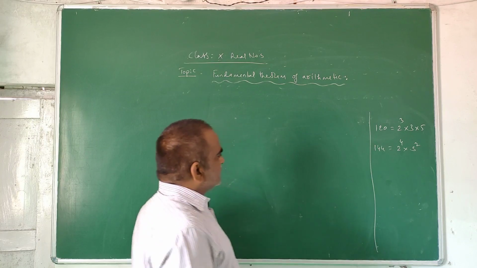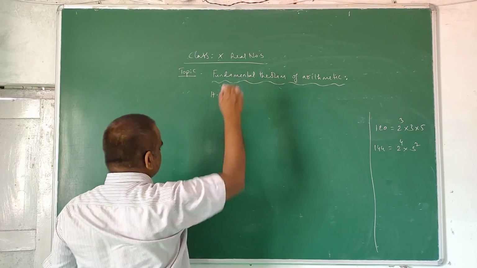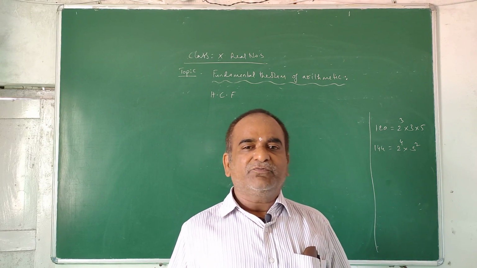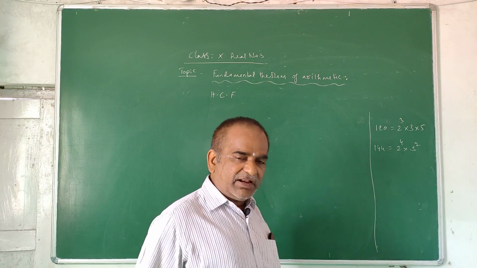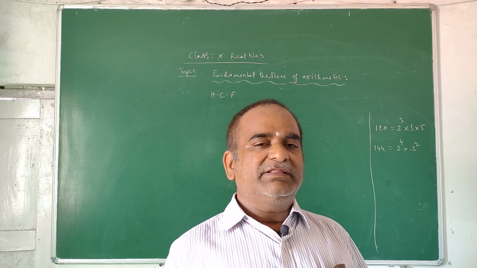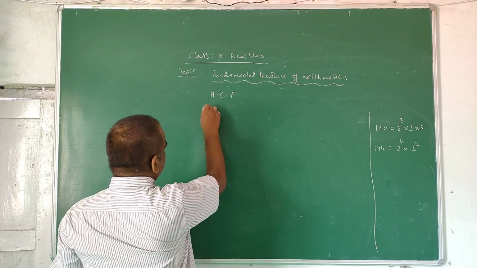Now HCF. So previously we discussed how to find LCM. Now HCF. For HCF also, you please prepare one table, but with different headings. What is the difference? You can see now.